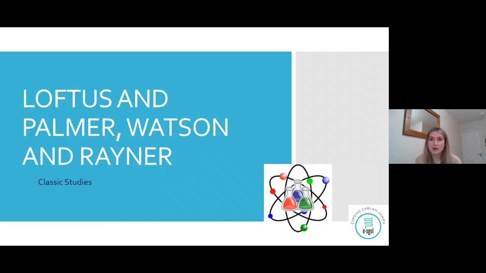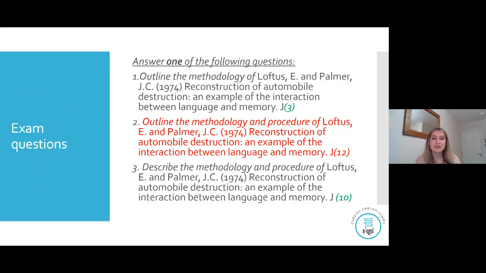Okay, so we're going to start off by looking at our cognitive approach, and we are within Loftus and Palmer and Watson and Rayner's research, specifically Loftus and Palmer. These are possible exam questions, and I went through these again in our previous session. So you could be asked anywhere from a 3-mark to a 12-mark question on the methodology and the procedure of a classic study.